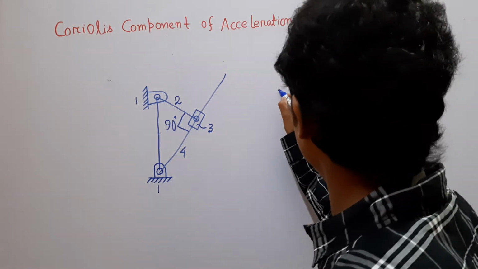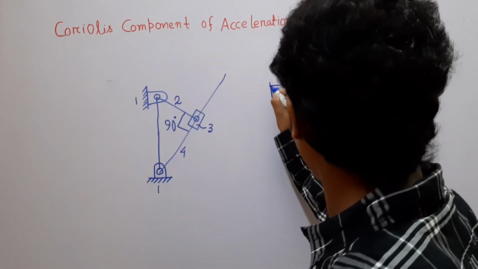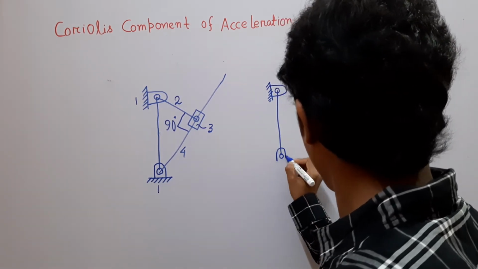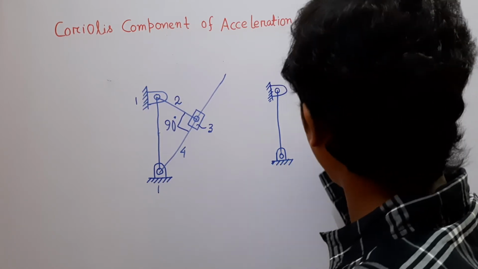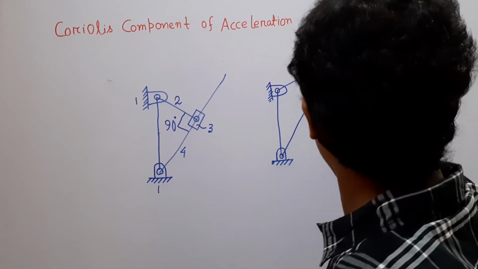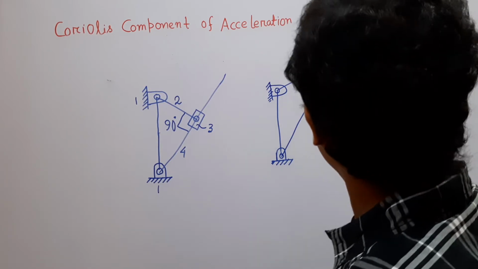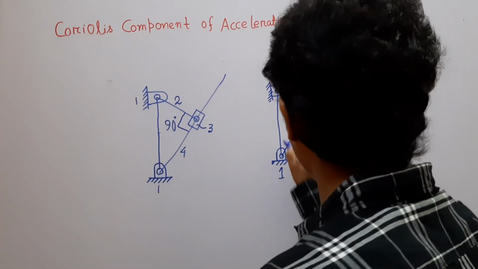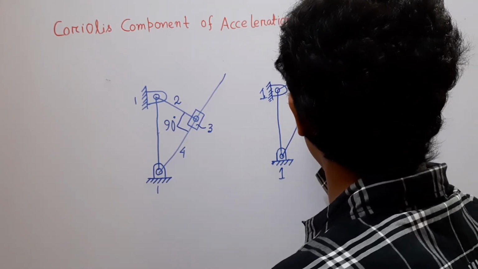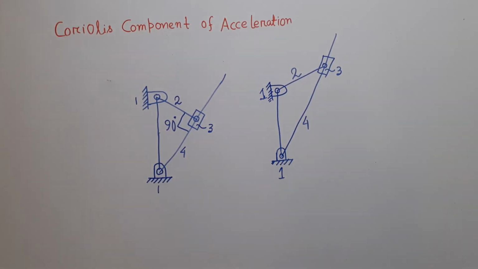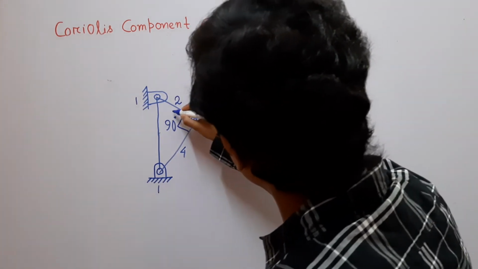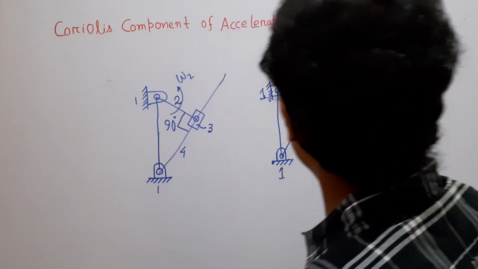Another instant is this. Crank is 2, slider is 3 and this is 4. In both the cases crank is rotating in counterclockwise direction.